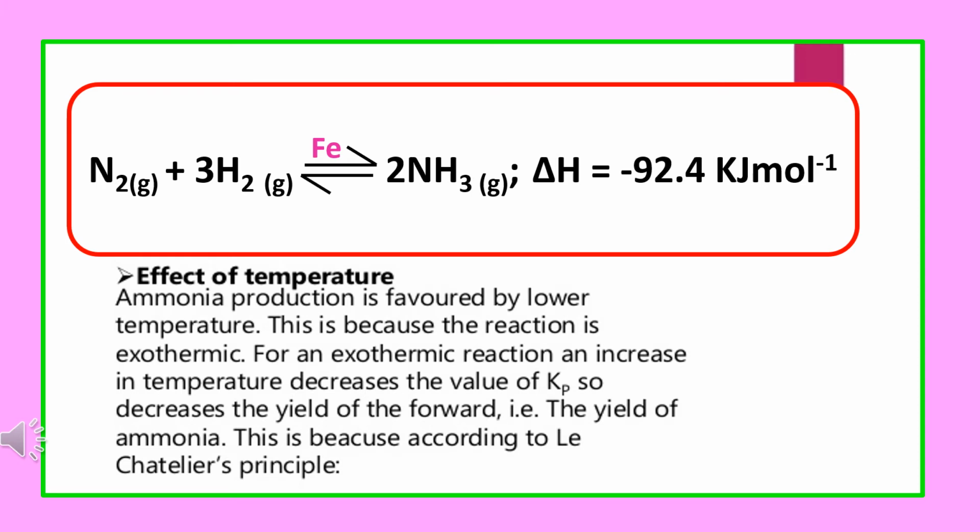So that decreases the yield of ammonia. That is, decrease of temperature increases the yield of ammonia. That's why, according to Le Chatelier principle, low temperatures are favorable for the better yield of ammonia. Is it clear, students?